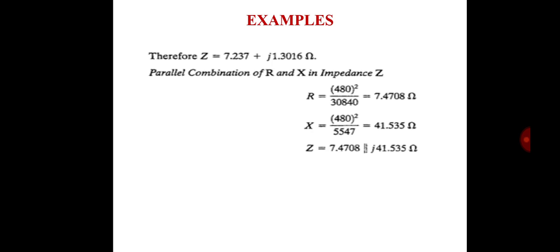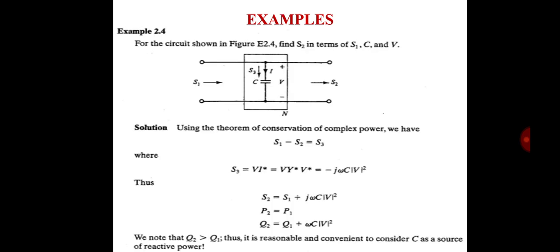So Z is equal to 7.4708 parallel j 41.535, meaning 1 upon 7.4708 plus 1 upon j 41.535 ohm. Okay, this is the parallel combination of impedance Z.